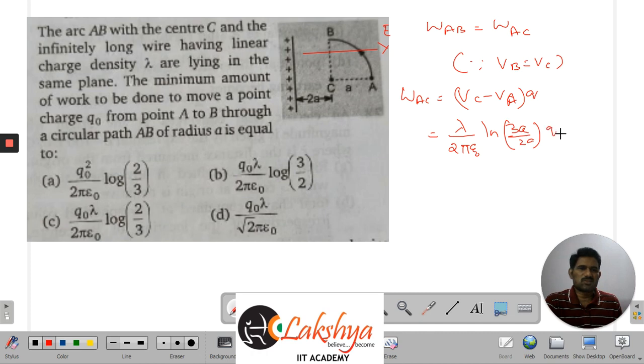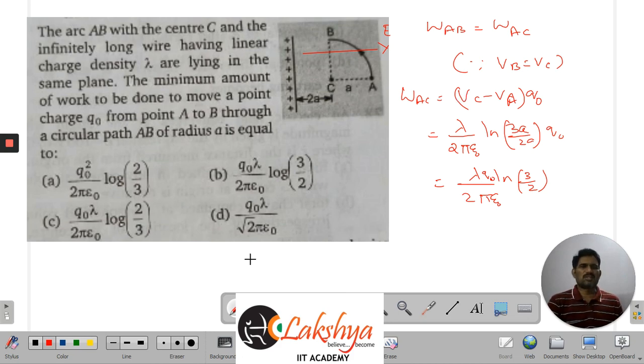We are displacing the charge q naught here. Therefore it is lambda by 2 pi epsilon naught into q naught into ln 3 by 2. So this is the work done in displacing the charged particle from A to C.